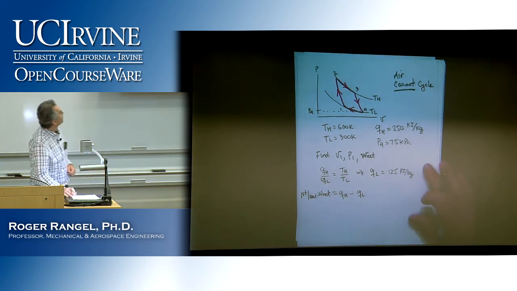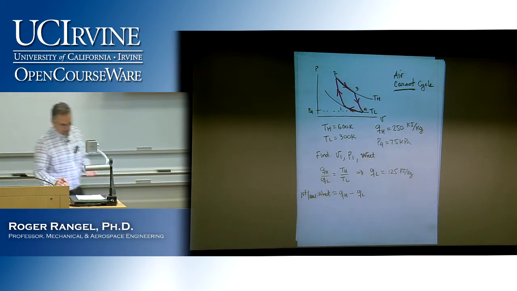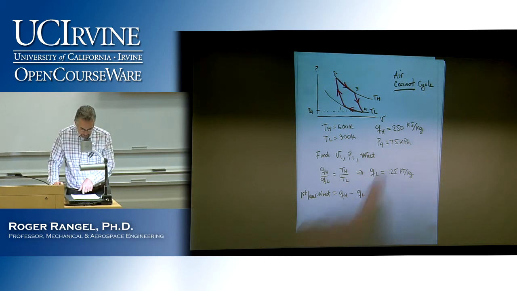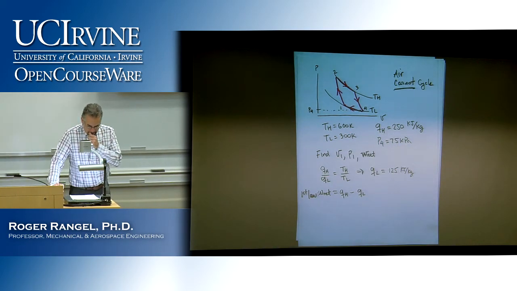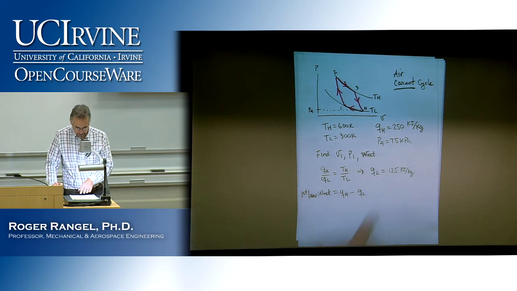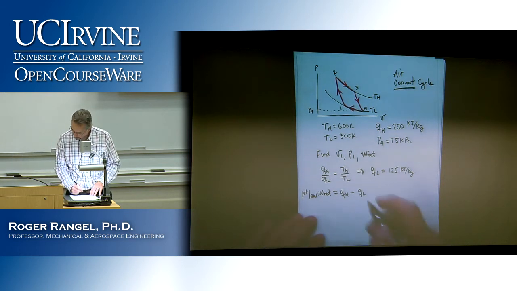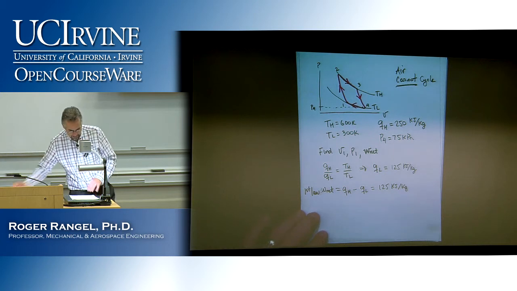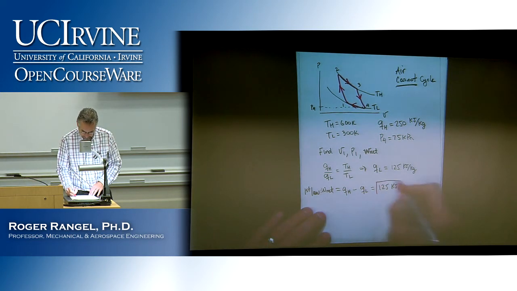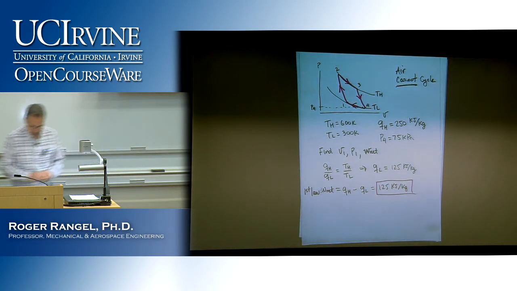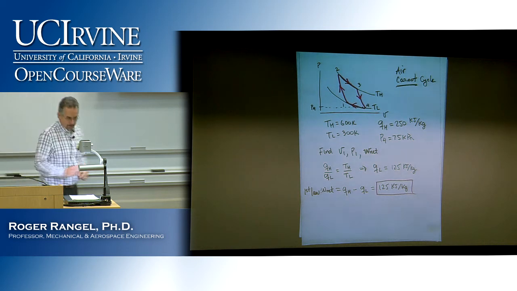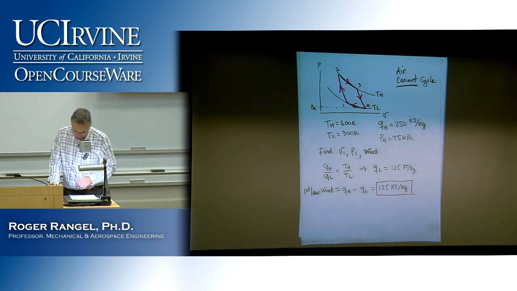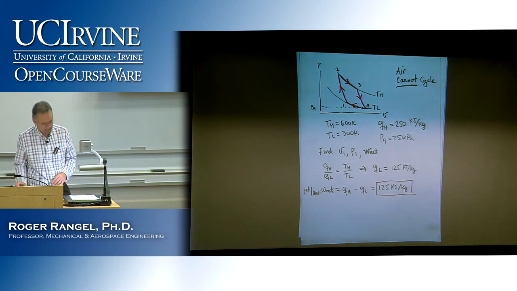I just computed the Q sub L, so Q sub H was 250 minus 125, so it's 125. The last question is answered. So I need to find still V1, P1, and so on.